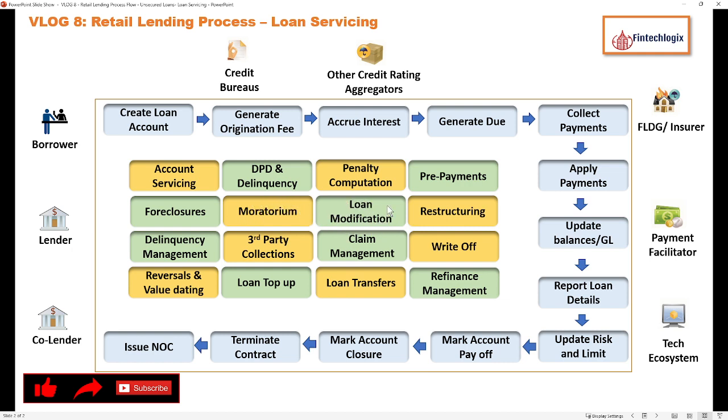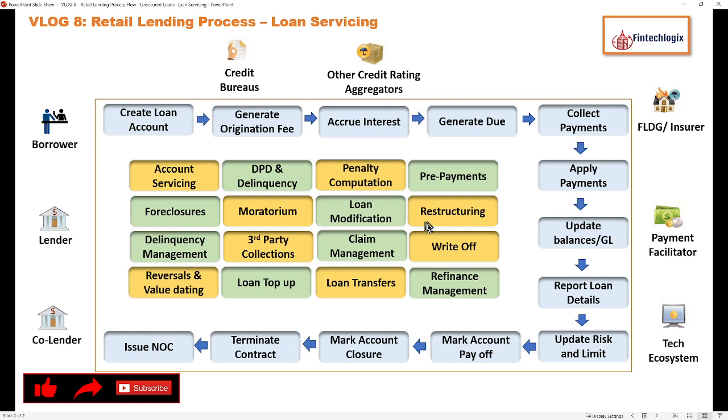Loan modification is simple: the borrower normally asks, I want to change the payment date, instead of the first, can you make it the third? Or, if the remaining installments are 12, can you shift it by 1 day or something? Now, loan modification and restructuring are used pretty interchangeably, but there is a certain difference.